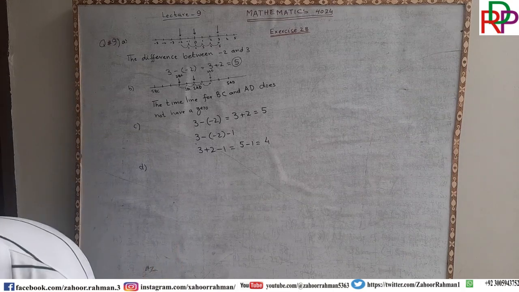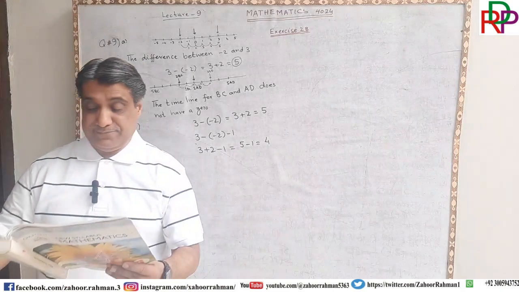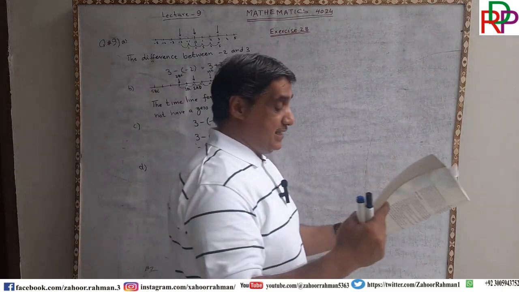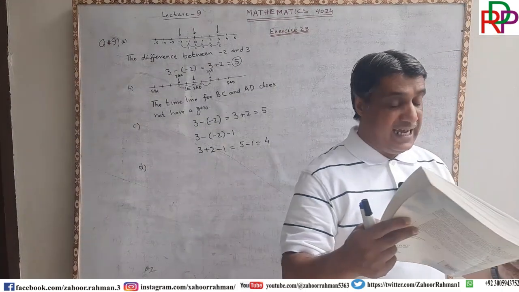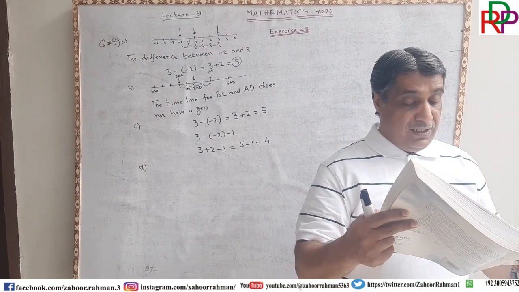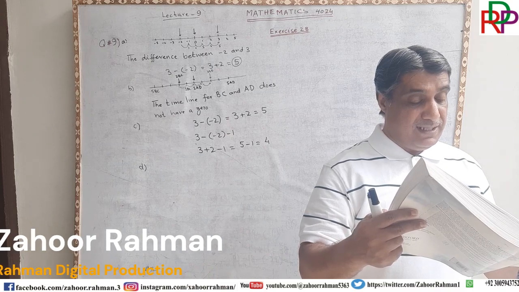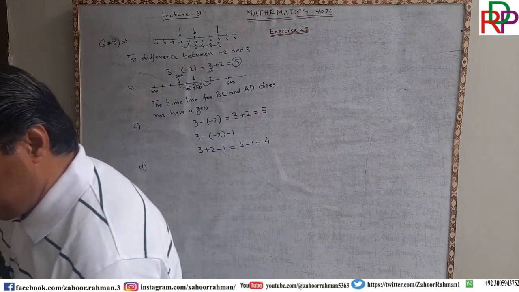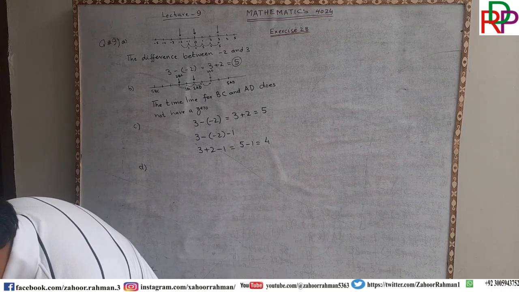Okay, part D is saying to think of another real life example that is similar to the timeline in part 2 but different from the number line in part 1. Yes, there is another example.